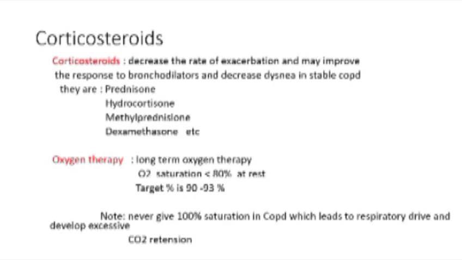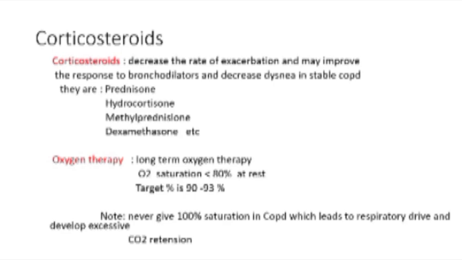Target oxygenation percentage is 90 to 93%. But note one thing: never give 100% saturation in COPD patients, because it will lead to loss of respiratory drive and develop excessive CO2 retention.